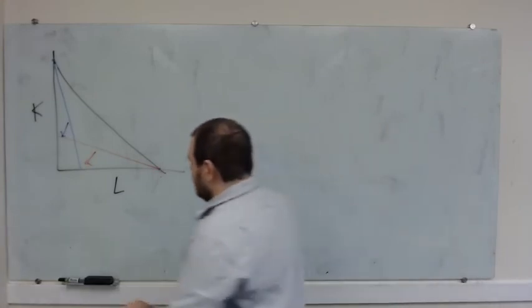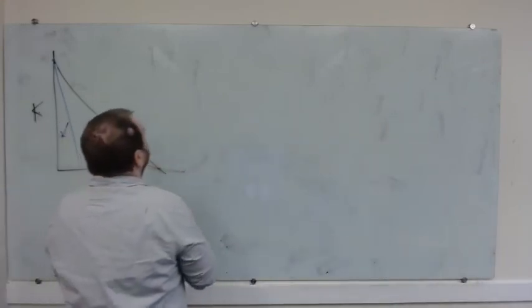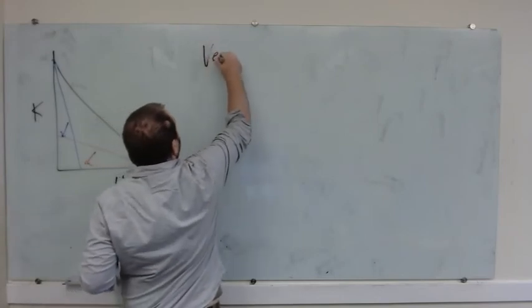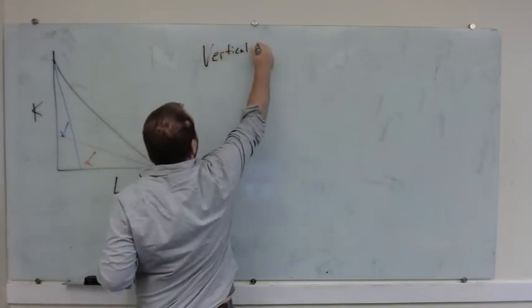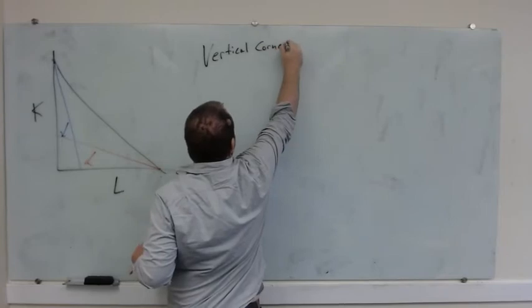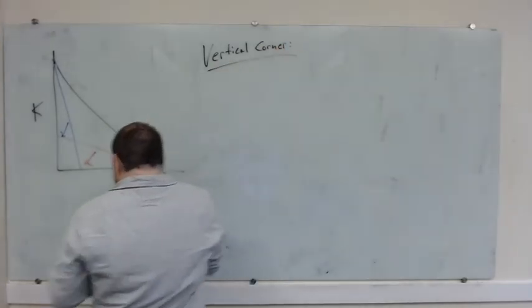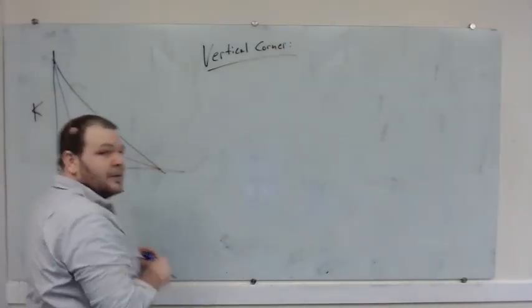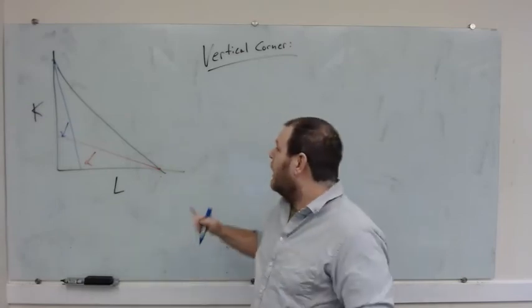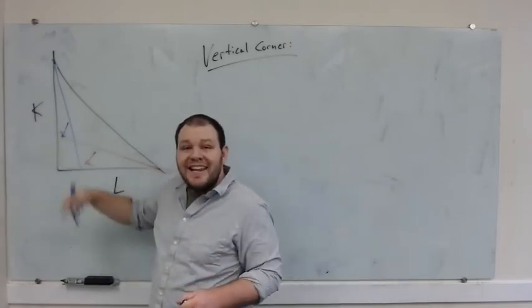So we have a vertical corner. We can just see, looking at this graph, that we must have a cost ratio that is steeper than our MRTS.